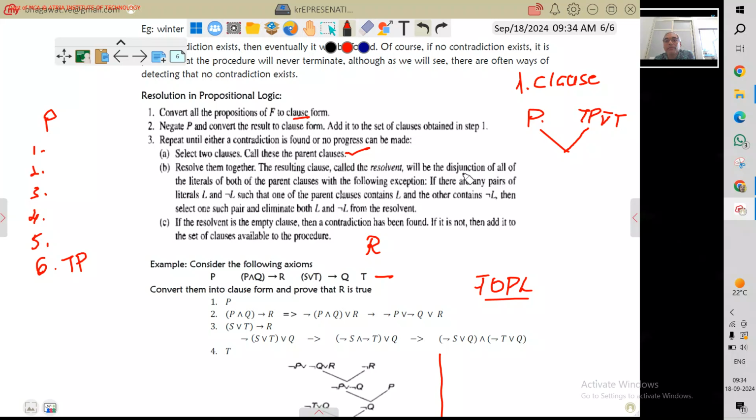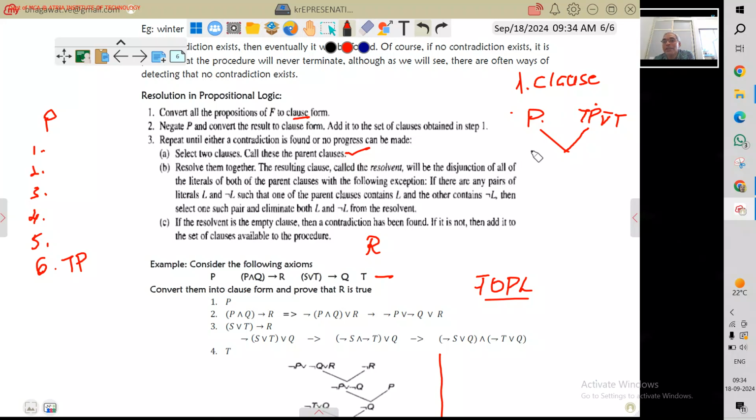This resolvent will be the disjunction of all the literals of both parent clauses, with the following exception. If there is any pair of literals L and negation L such that one parent clause contains L and the other contains negation L, then select one such pair and eliminate both L and negation L from the resolvent.